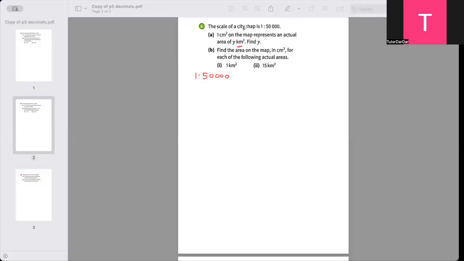Why? Because what they want is km. So 1 cm is to 50,000 divided by 100,000. Then you will get 1 cm is to 0.5 kilometer.